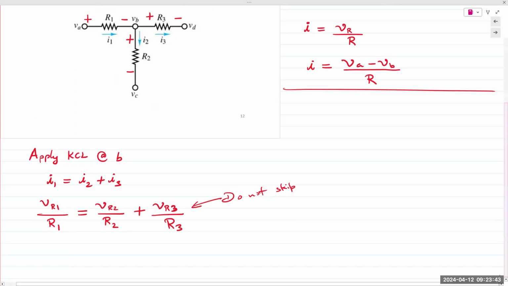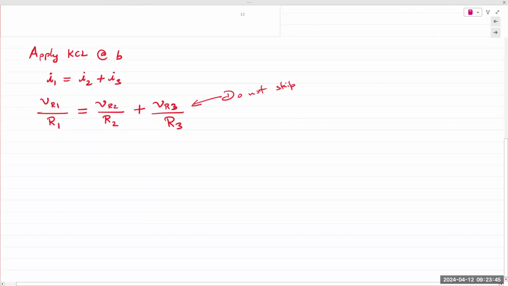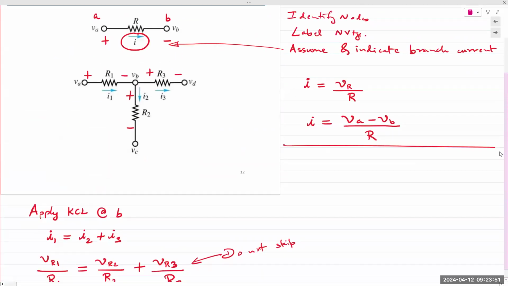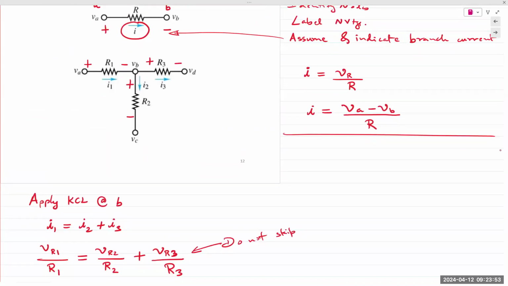So now VR1 can be expressed in terms of the node voltages. What is VR1? How many of you agree? 1 thumbs up, 2 thumbs up, 3 thumbs up, 4. Anyone with a thumbs down?